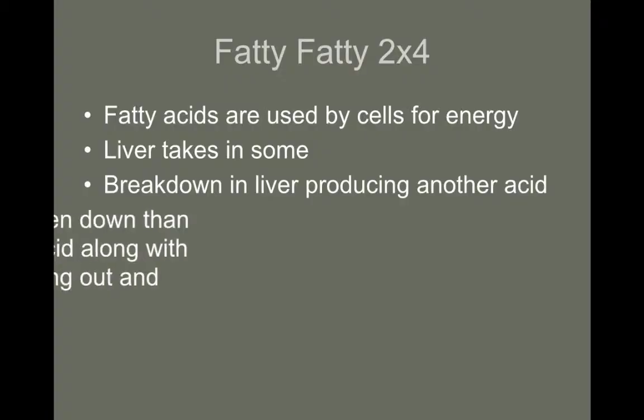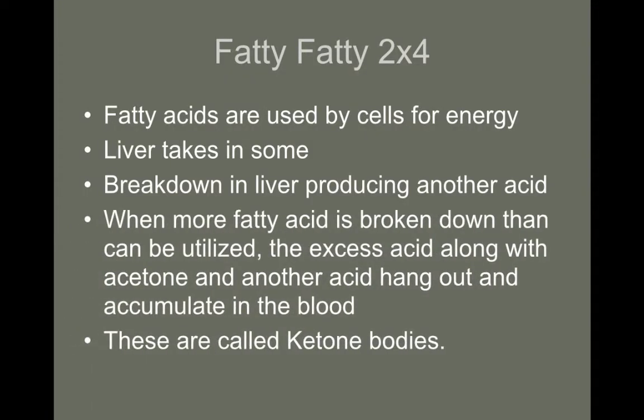Interestingly, I'm going to back up a couple of slides here. Years ago, in the late 1800s, one of the first methods of dealing with folks that had diabetes was to basically put them on an Atkins type diet.